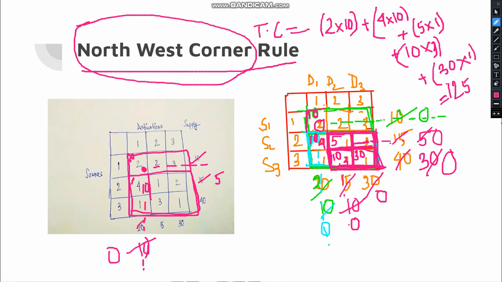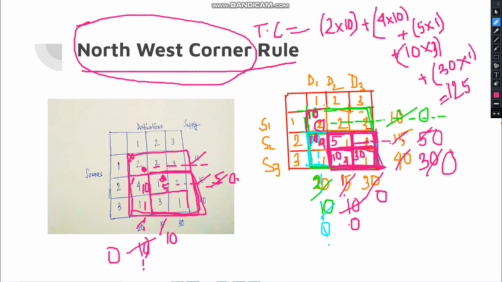Then you have this part of the matrix whose northwest corner is this. You have 15 demand here, but you have a supply of only 5 units, so you can only allocate 5, which keeps the 10 units left. So the demand is not completed here, but this row, that means the supply, has been exhausted.